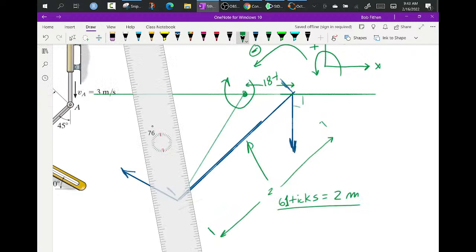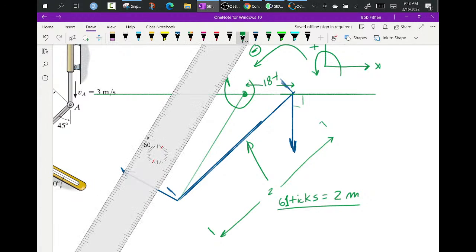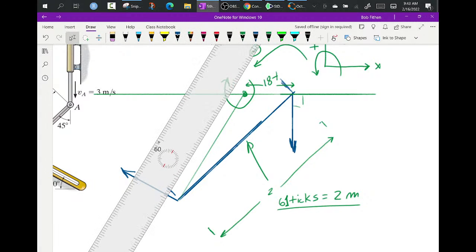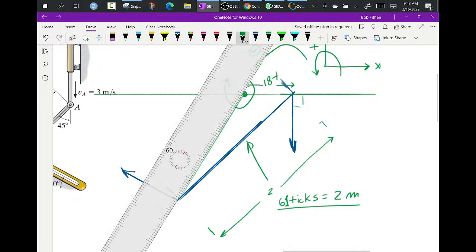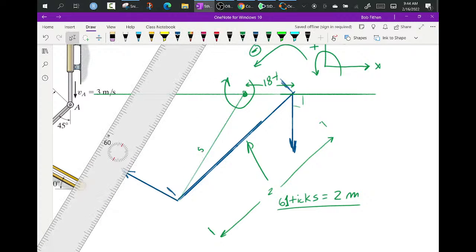Let's see how many ticks are down here. 5, 10, 15, 20, 25, 30, 35, 40, 45, 50. It's like 50 ticks from here to here. Now that's a distance. I don't have to necessarily move it 2 meters.